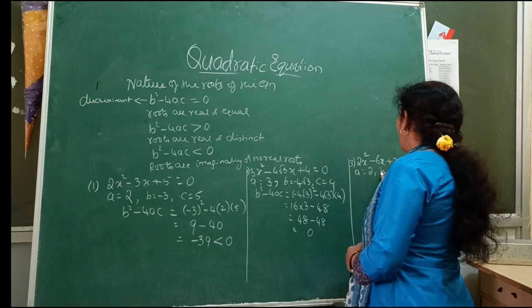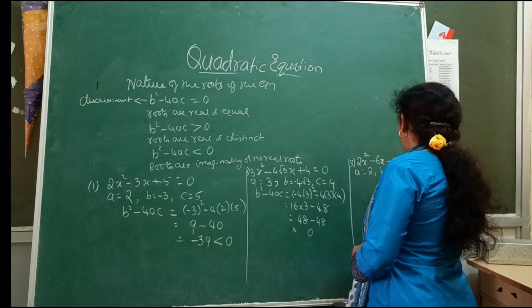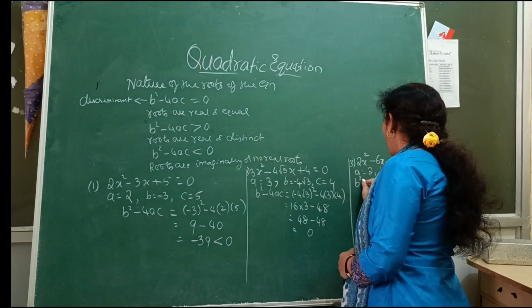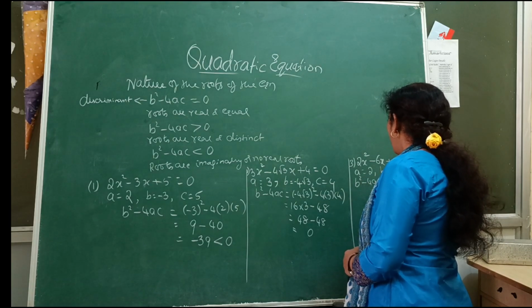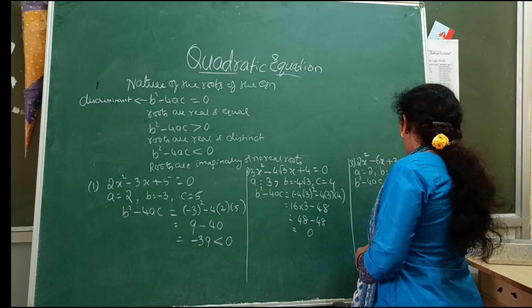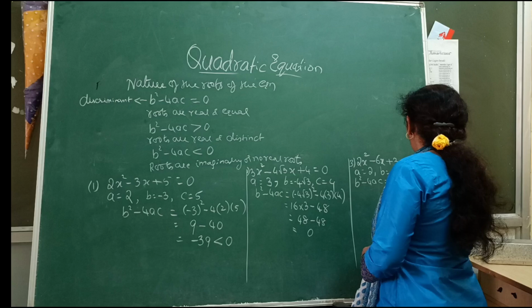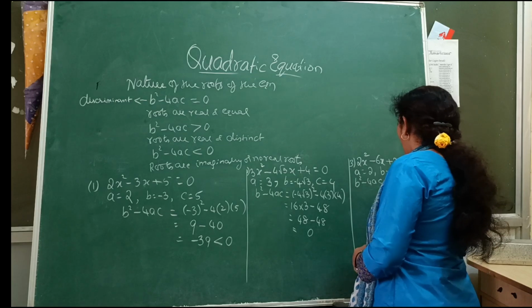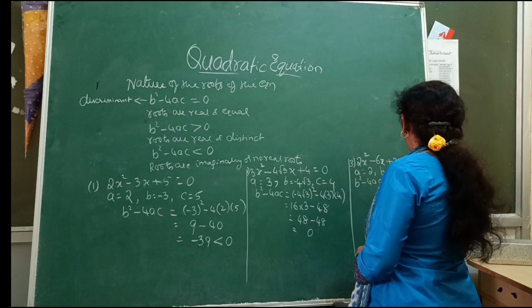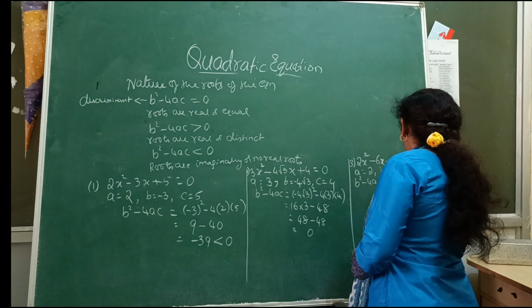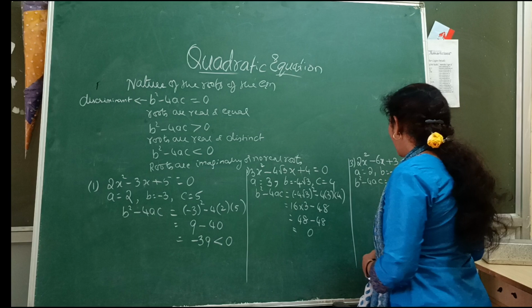A is 2, B is equal to minus 6, C is equal to 3. b square minus 4ac is equal to minus 6 whole square minus 4 into 2 into 3. 6 square is 36, minus 4 2s are 8, 8 3s are 24.